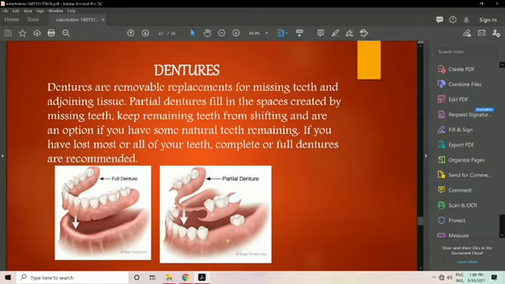Okay, so this is the example of the partially edentulous patient, and this is the example of the fully edentulous patient. Partial dentures fill in the spaces created by the missing teeth, keep remaining teeth from shifting, and are an option if you have some natural teeth remaining. If you lost most or all of your teeth, complete or full dentures are recommended.